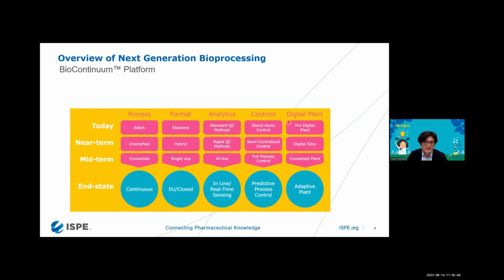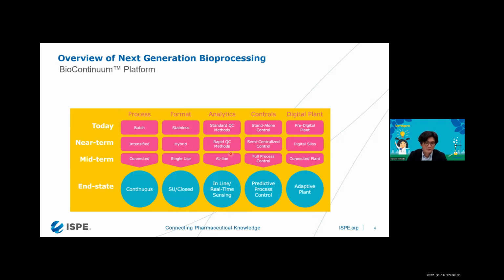As the current state, the process is batch, the format is stainless steel, the analytics is the standard QC method, and most of the systems are controlled by the standard system, and in terms of data, they are not much adapted.